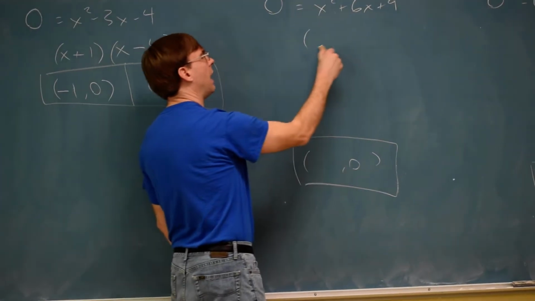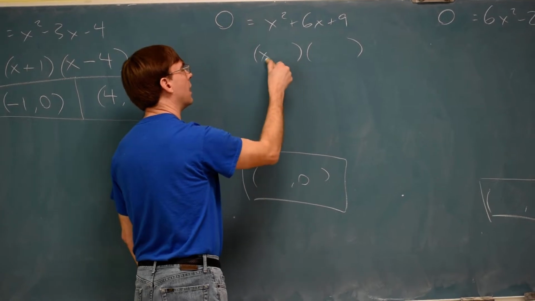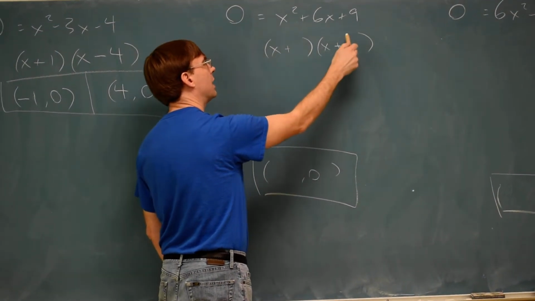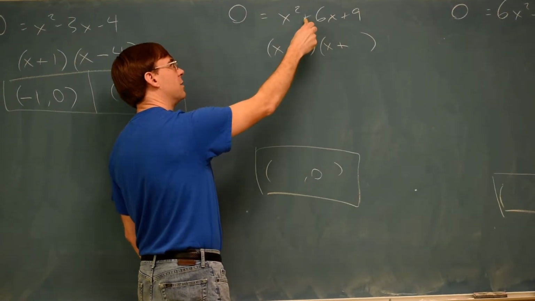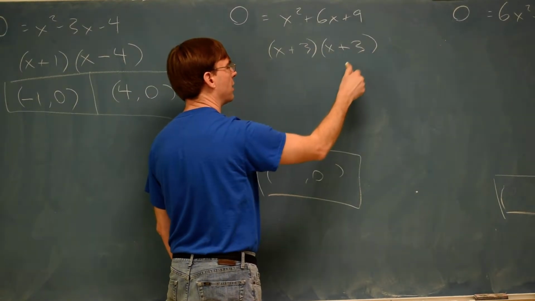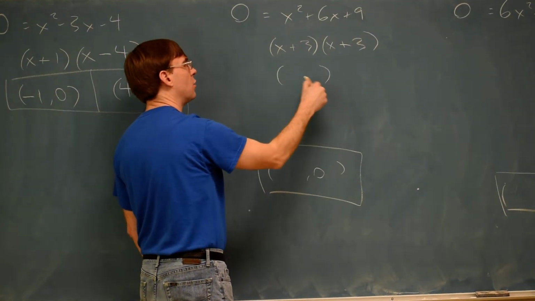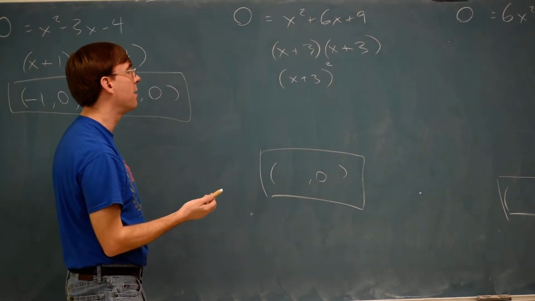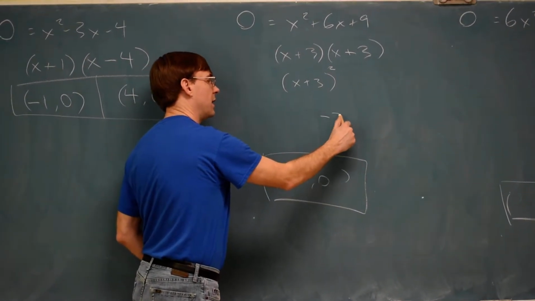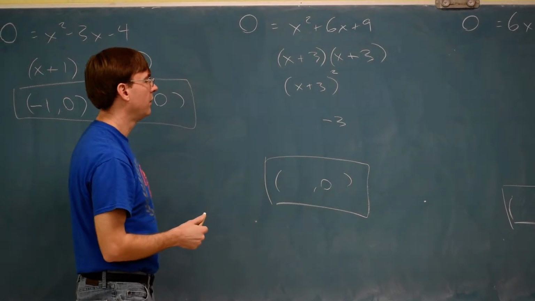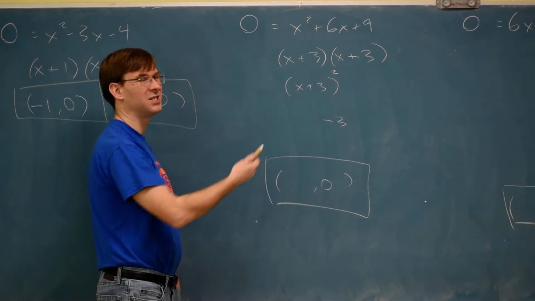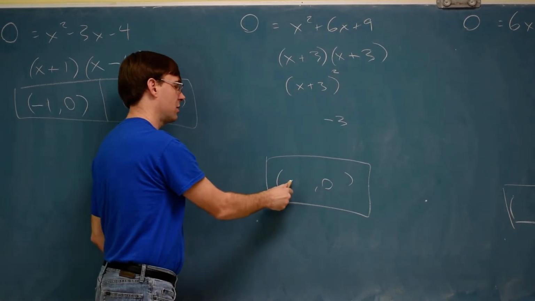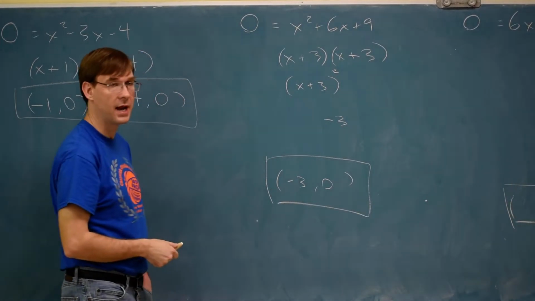This one, I factor x plus, so this is plus, we go same as that. Pair of 3's. You could write that as this when you factor, it doesn't really matter, but the only number that's going to lead you to is -3. Don't write -3 twice just because there were 2 of those factors. -3 is the only one answer.